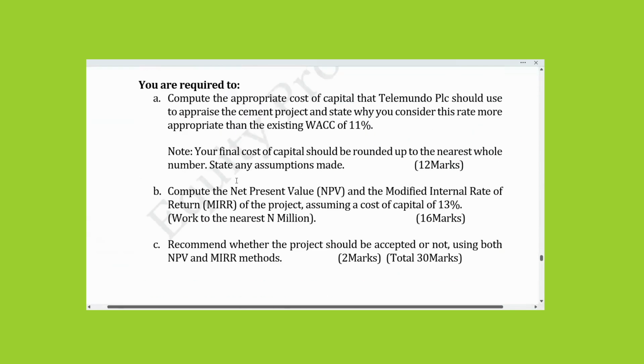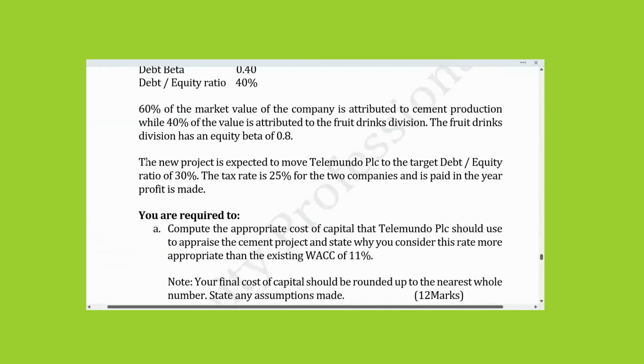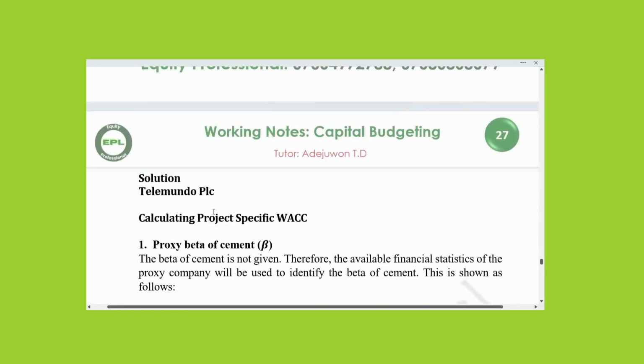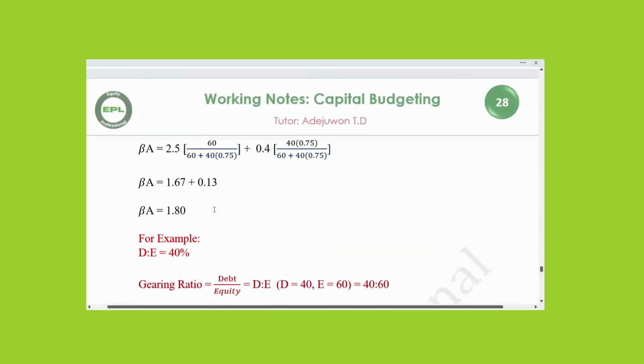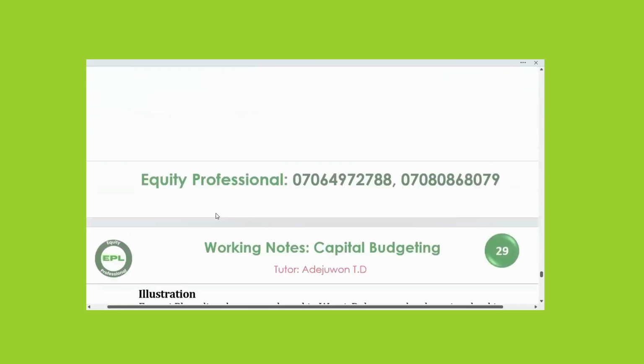According to the question, the new project is expected to move Telemundo to the target debt to equity ratio of 30%. So debt equity proportion is 30% for Telemundo, which means that debt is 30%, equity is 70%.